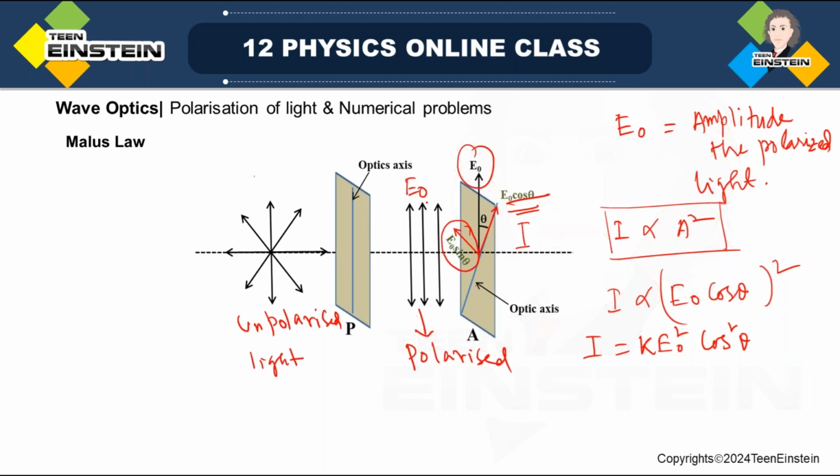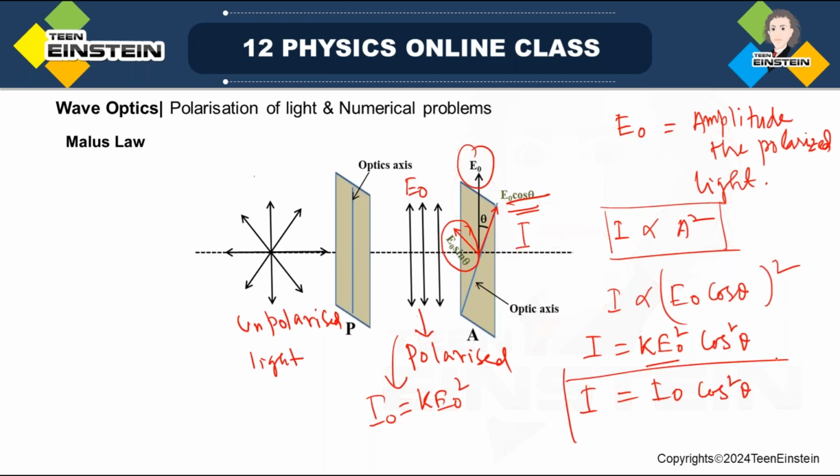And what was the intensity of the polarized light? It was k E0 square itself. Suppose this is I0, the intensity of the polarized light. Now I can write I as I0 cos square theta.